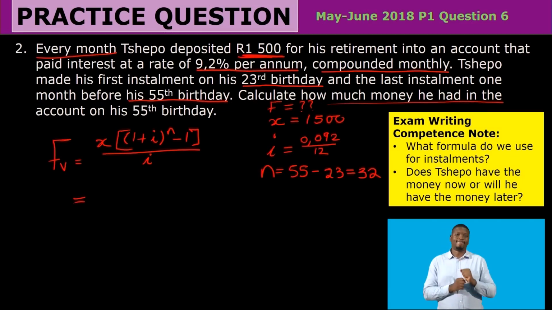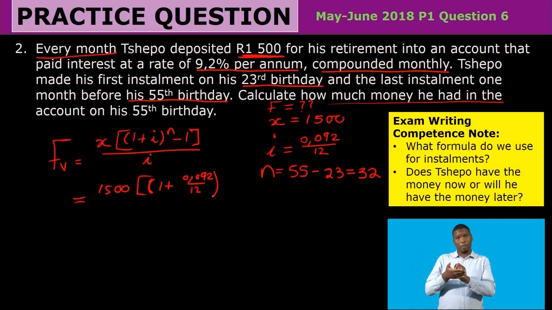So when it comes to our substitution, that is going to be 1,500, open bracket, 1 plus 0,092 divided by 12, close bracket, and then we are going to make an exponent, which is the period.